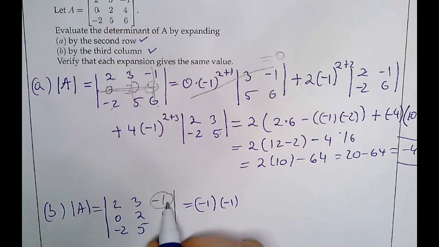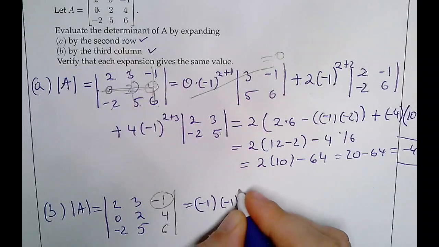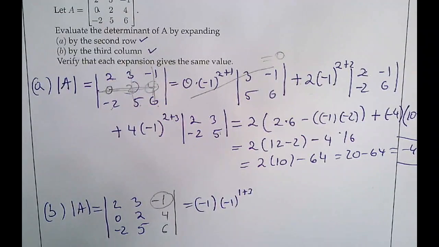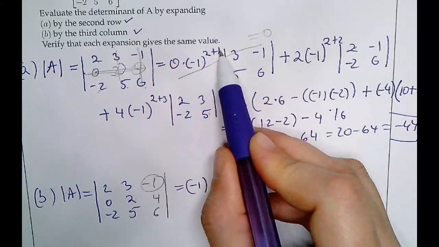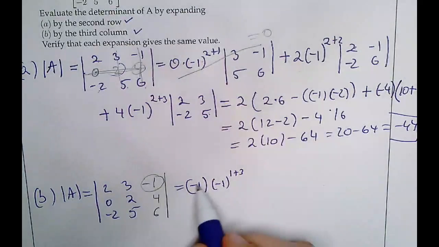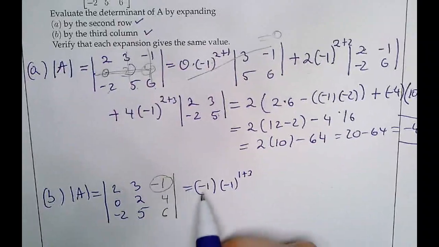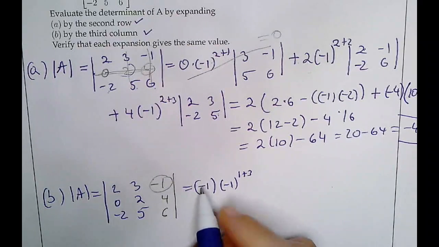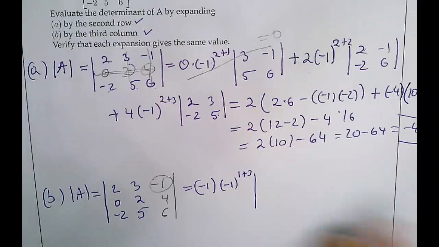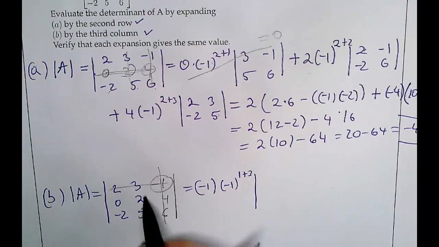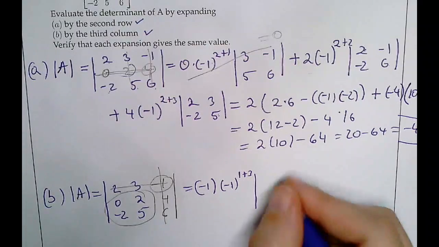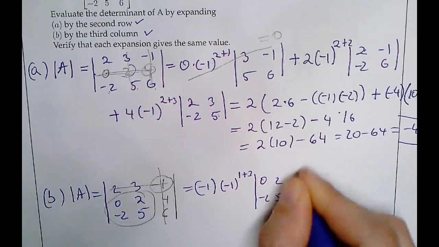It's row 1 in column 3, so it's going to be negative 1 to the 1 plus 3. So notice here, I always have negative 1 times the number of row plus the number of column, but this happens that also the entry is negative 1. So that's why there's a negative 1 here as well, times the minor. So if I remove row 1, column 3, the minor left is 0, 2, negative 2, 5.